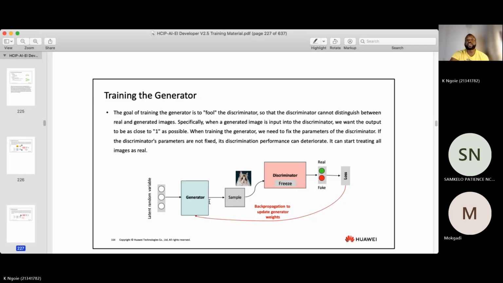Okay, and the discriminator's weights are frozen in this step. So we're not changing anything on the discriminator. We keep it the way it was trained, and the generator keeps sending fakes, trying to fool the discriminator.